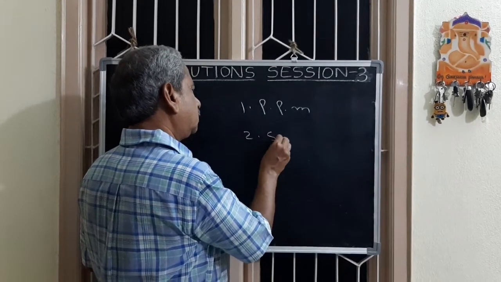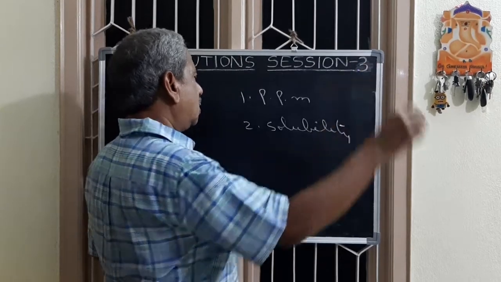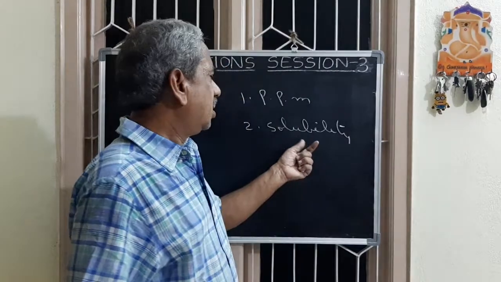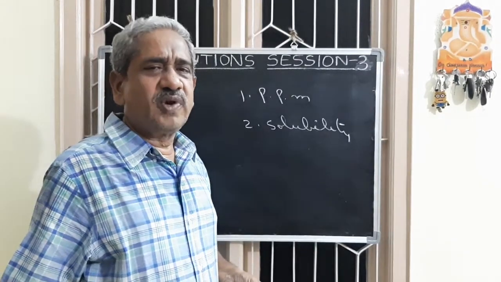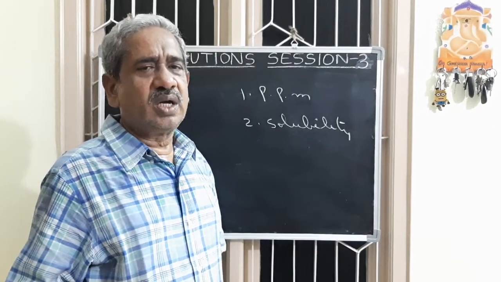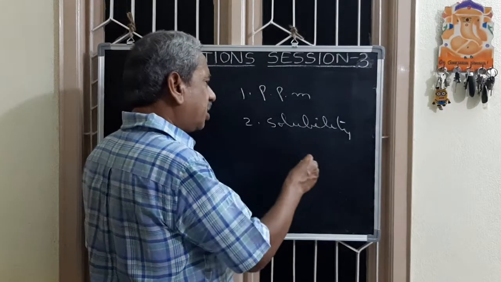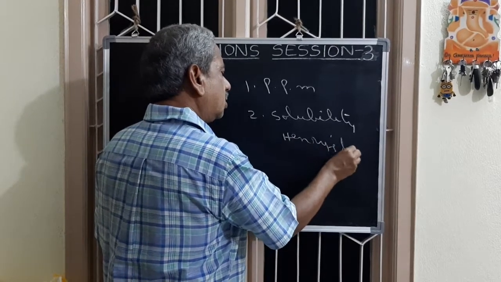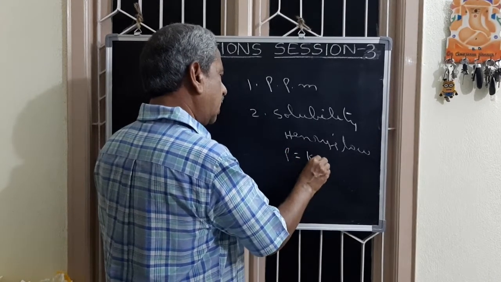The second one is solubility: the definition of solubility, the effect of different factors on the solubility of solids in liquids, and the solubility of gases in liquids. The subtopic here is Henry's law, that is P equals KH into X.